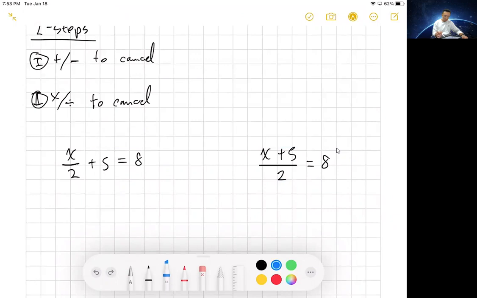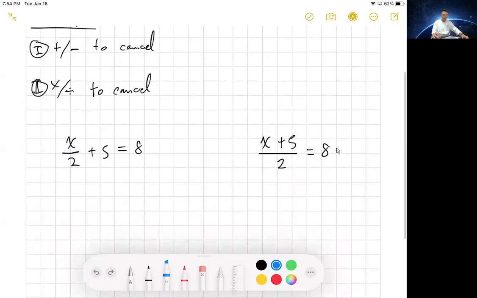Hopefully you noticed that the division sign here is only below the x, while here it is below the x plus 5. And there's a huge difference between the way we solve these two problems, and you need to know what the difference is, okay?